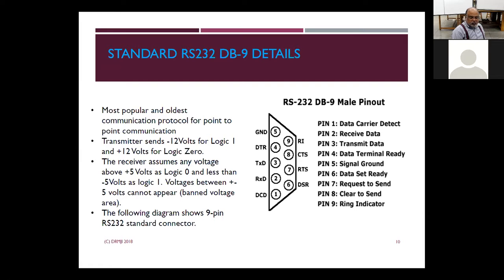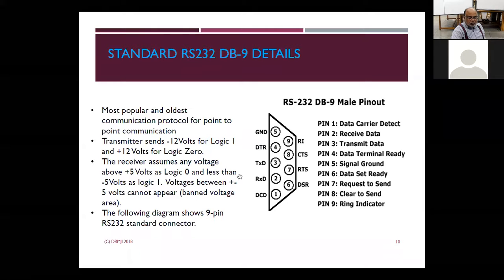Now we have Wi-Fi, but that wasn't the case in the 80s and early 90s. So you had to have a modem. So this interface is complete to communicate with the modem.